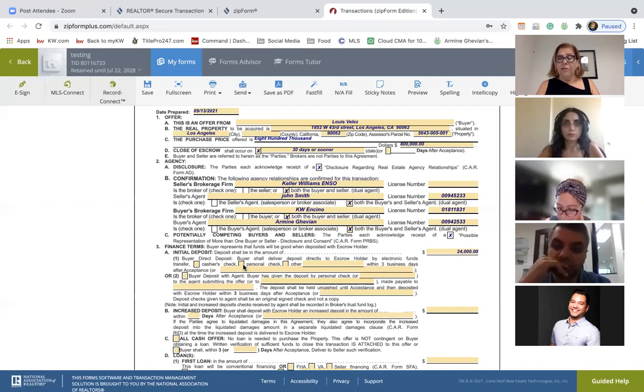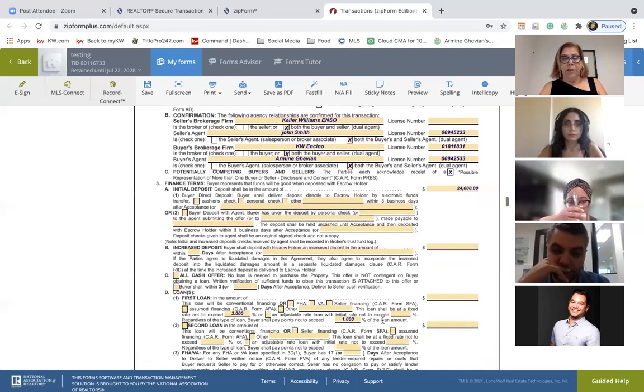We've been involved in a situation where the deposit went in as a personal check and there was nothing in that account. So wire or cashier's check, and you can call the escrow company and ask whether they are okay with a cashier's check. Most of the time they are. Okay, so now in here, initial deposit, now we come to, if it's an all cash offer, what are you going to do?